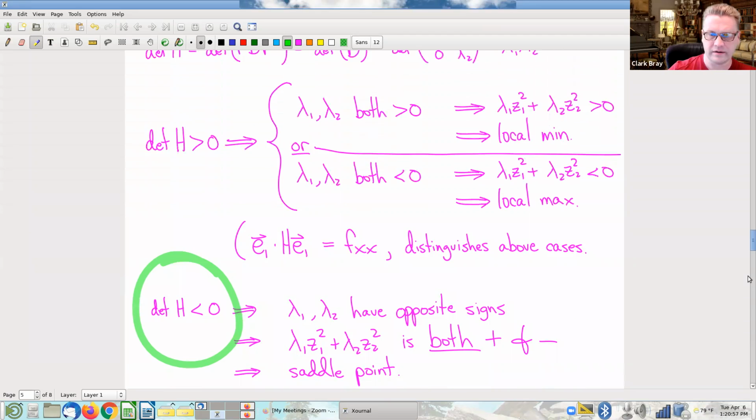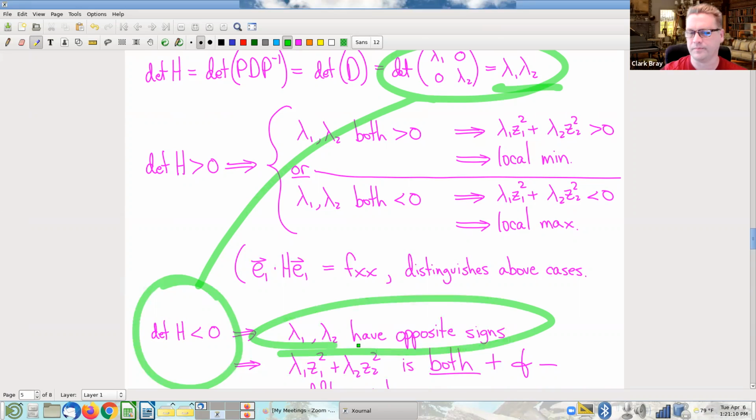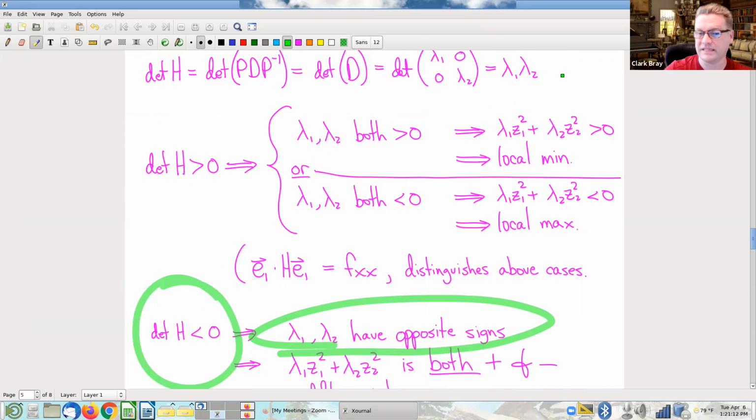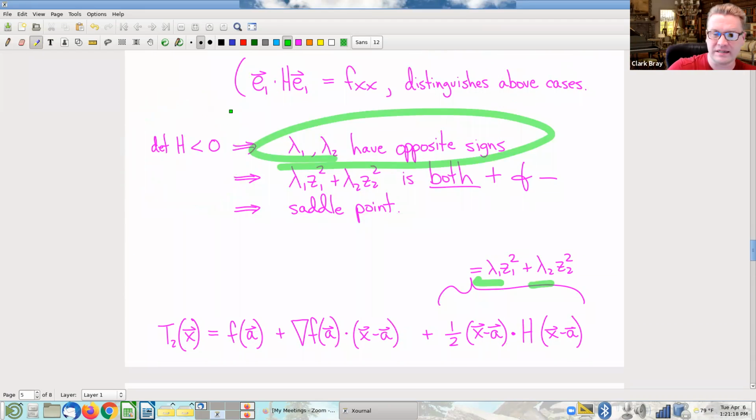Don't forget this determinant is that product. If it's negative, these two numbers have opposite signs, which is how pluses and minuses work.